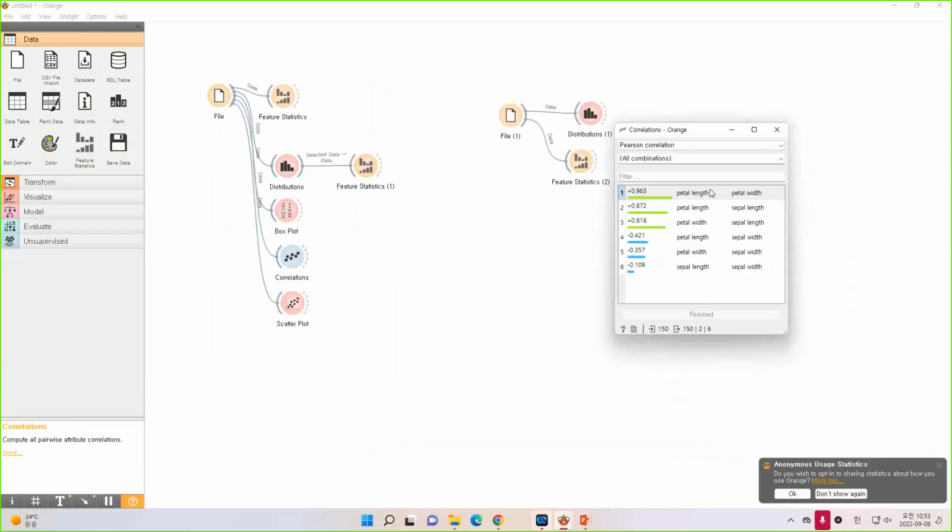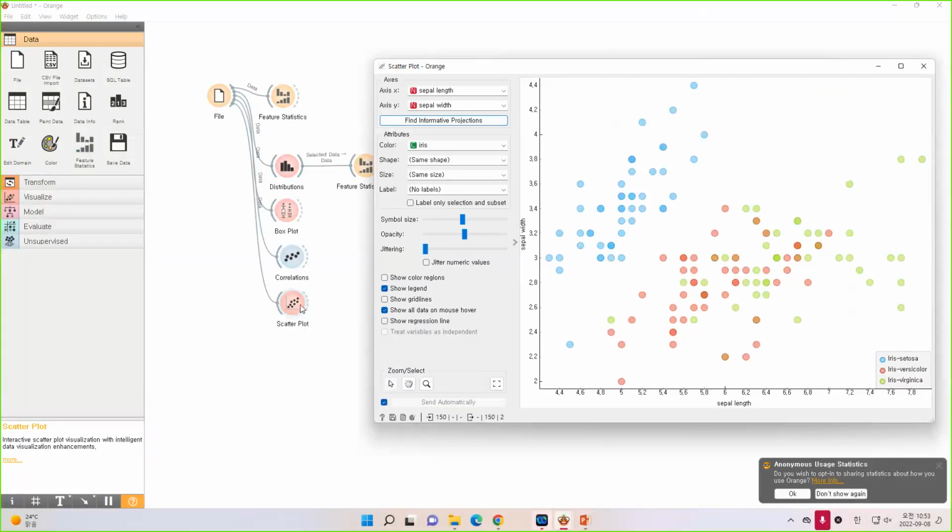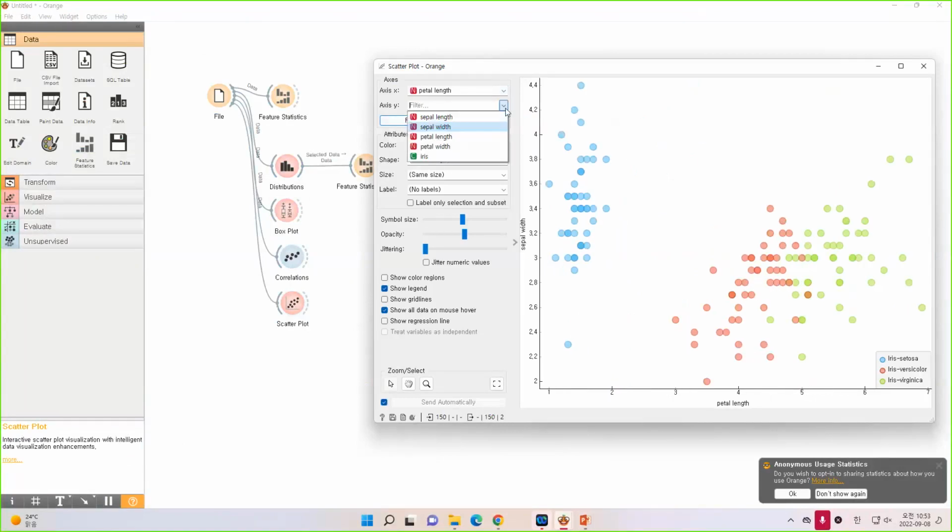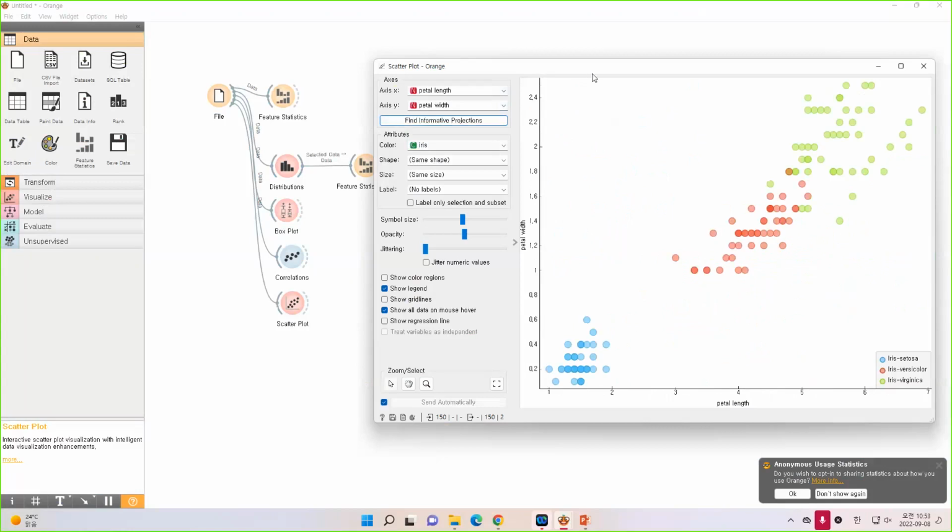In the correlation, we can see that the petal length and the petal width are highly correlated. So I would like to make the scatter plot of petal length and petal width. And you will see that it has a high R value.